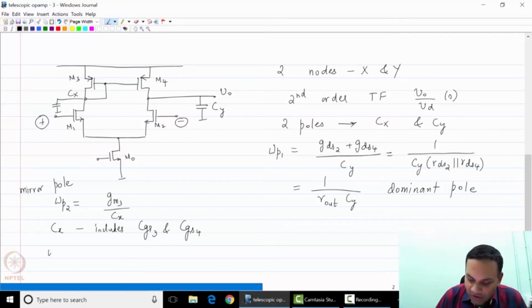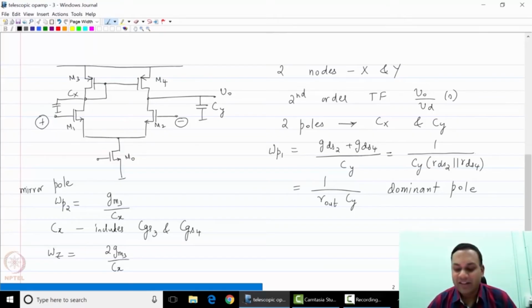Now apart from this, we also got a 0 whose magnitude was 2 GM3 over Cx. Just a reminder that in reality all of these were left half plane poles and zeros, so even though I was writing the magnitude all this while, I will now add the sign to indicate that they are LH, left half plane poles.